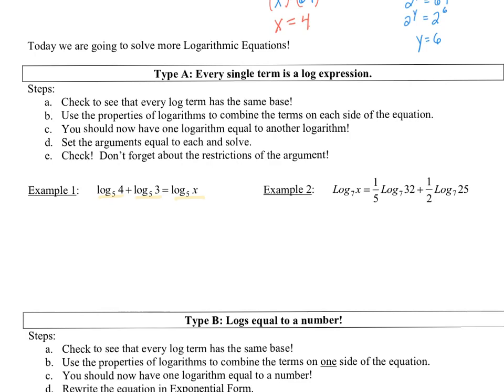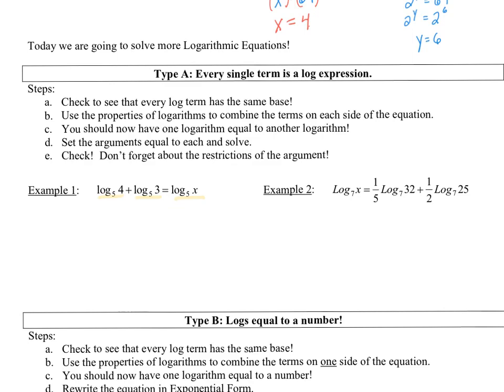We also want to check, and this is actually the first step for these types of problems, that every single log has the same base, because you can't use the properties of logs unless all the logs have the same base. Every single term in example 1 has a log base 5.